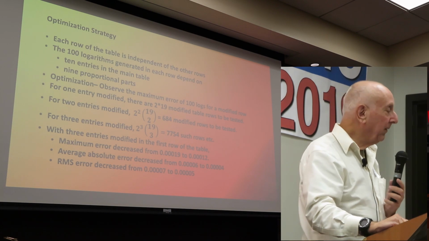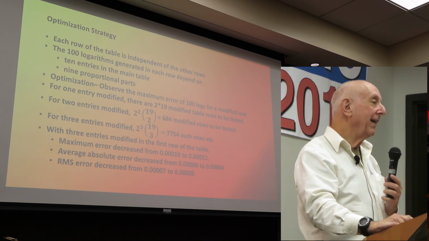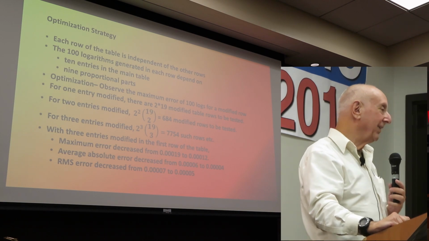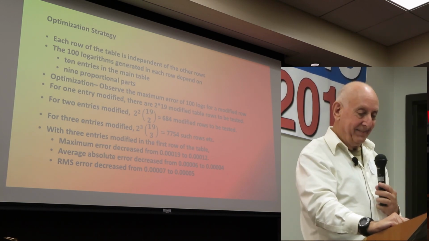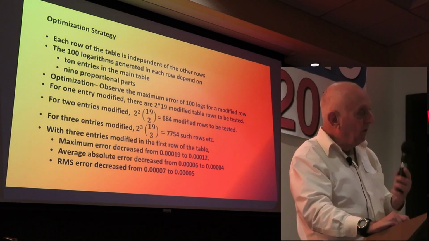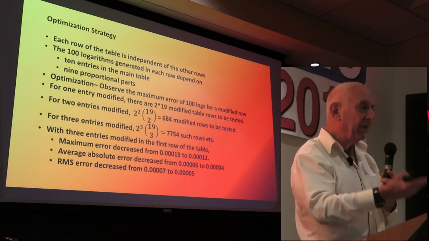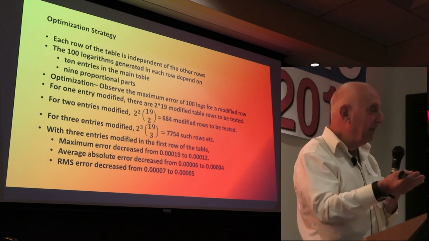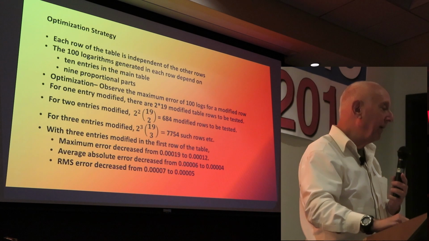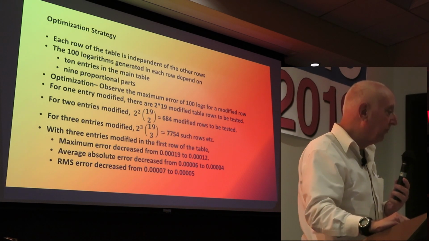Okay, but how about quadruples of numbers? No, that was beyond my patience to program into Excel. And also then once I found a better table row, then I put that back in, and I could repeat the process. In some cases, I got some additional changes.